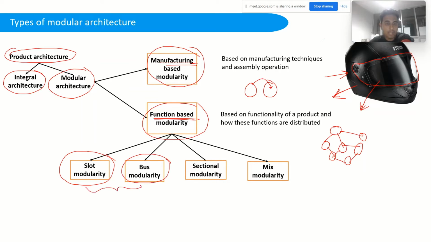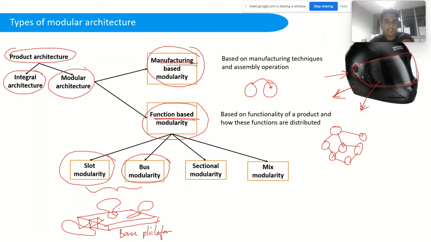These have something similar, that means there is some sort of base platform, and for slot modularity you have some sort of physical slots. This is a base module, and in these slots you connect different modules for your product.